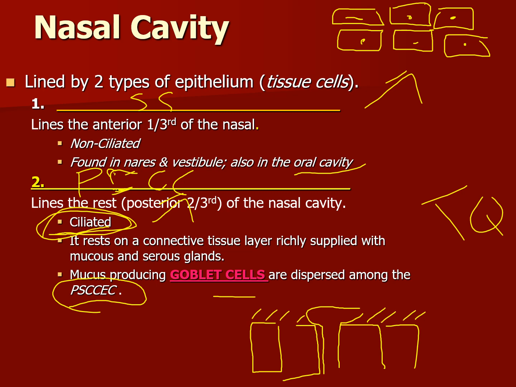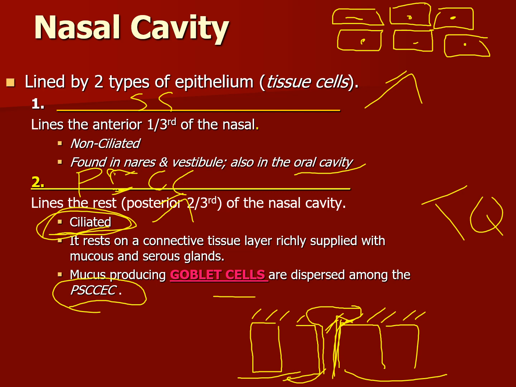Those are supposed to be hairs, if you haven't guessed. And this is supposed to be submucosal glands down here, so this is where it's making mucus. And then here's a goblet cell, and I tried to do a fancy thing that looks like a goblet or a drinking glass right in the middle, if it wasn't plainly obvious. So that's what you've got going on with pseudostratified ciliated columnar.